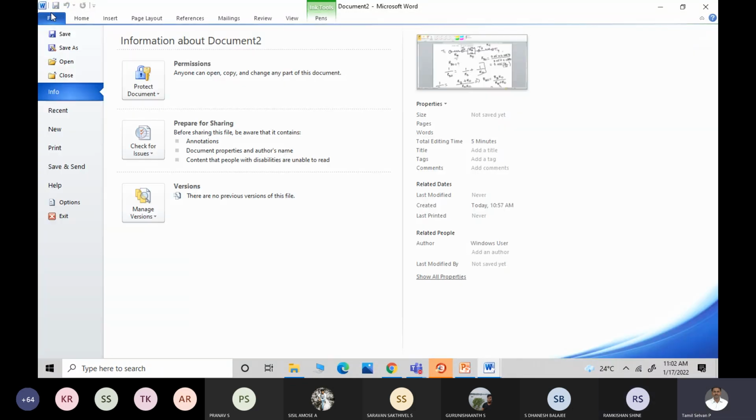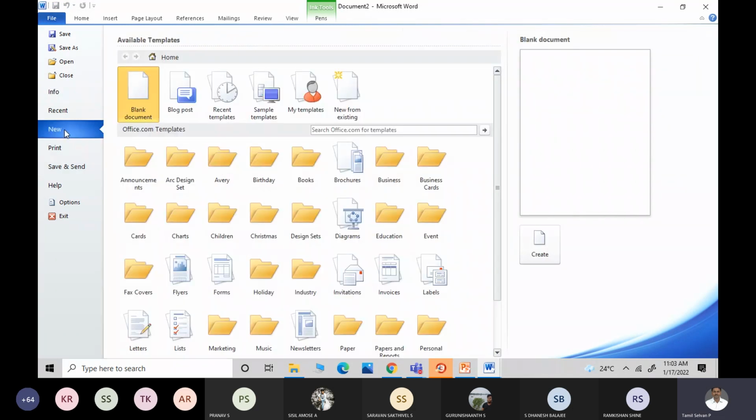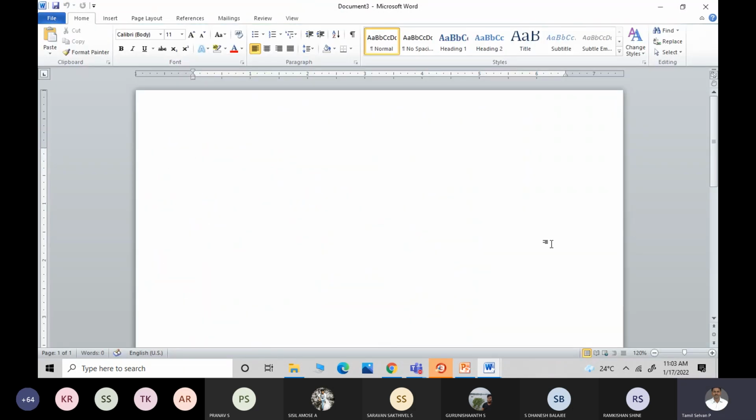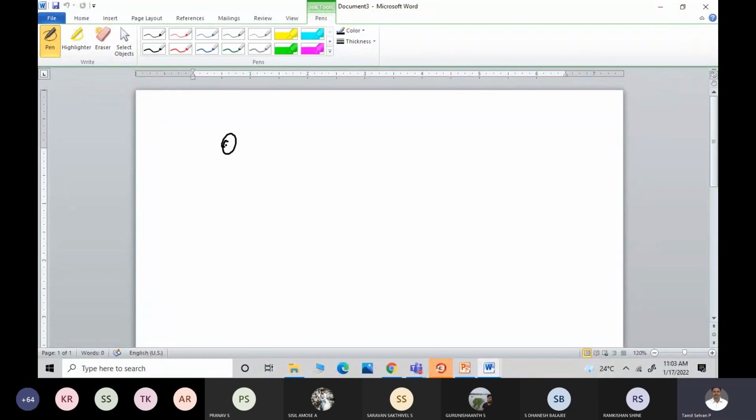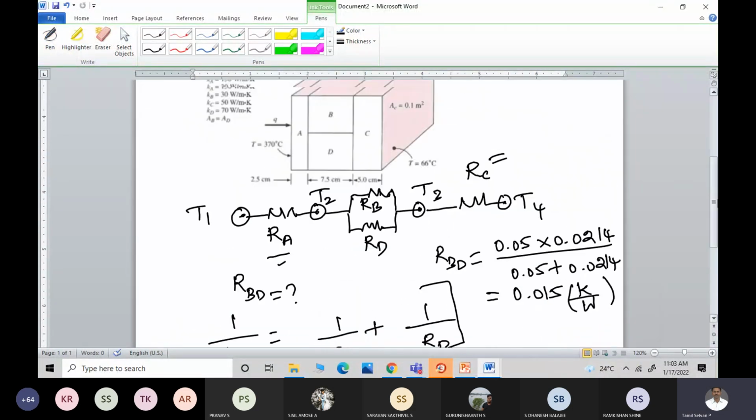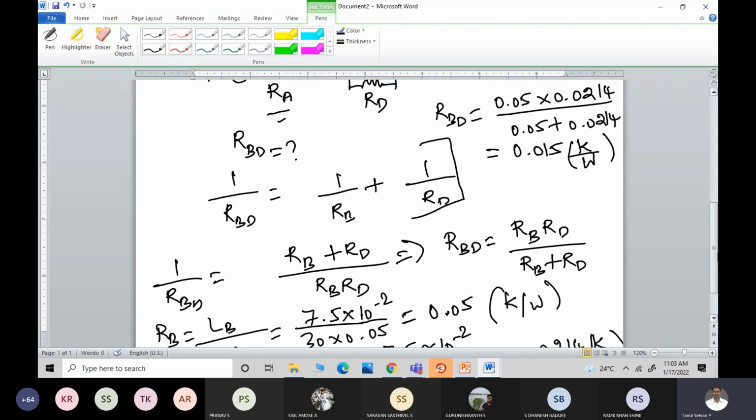So finally, the heat transferred Q is equal to del T divided by sigma R. The temperature difference is 370 minus 66.